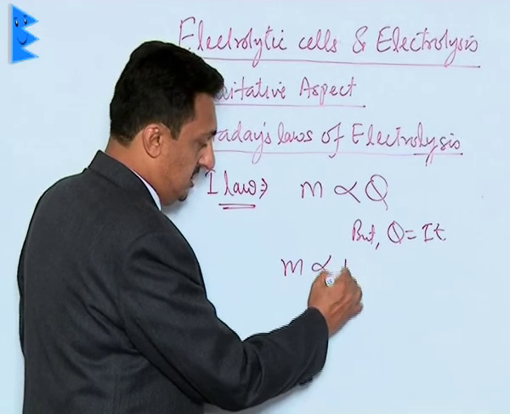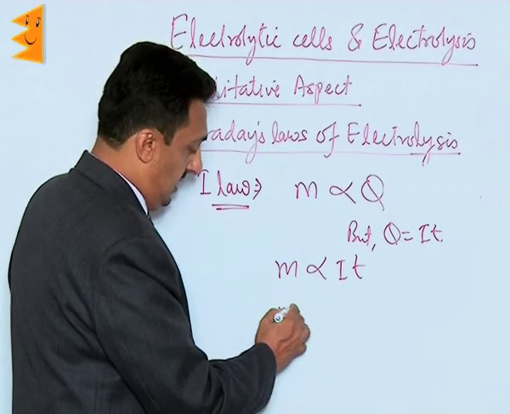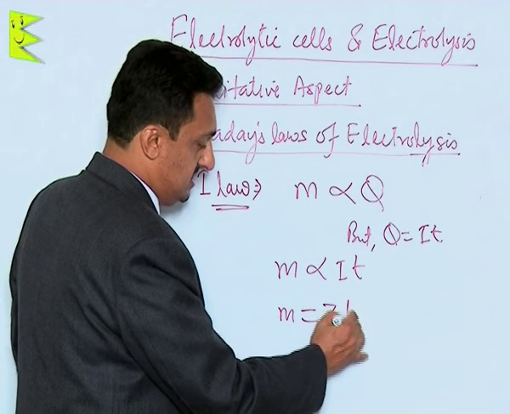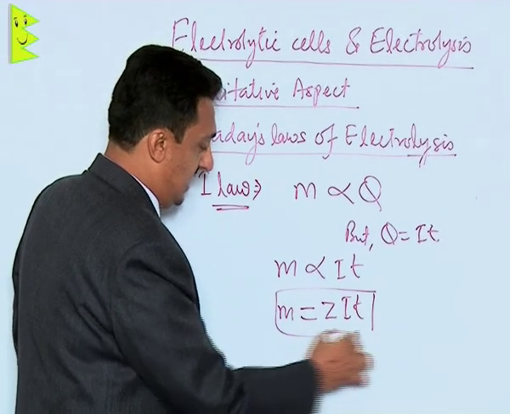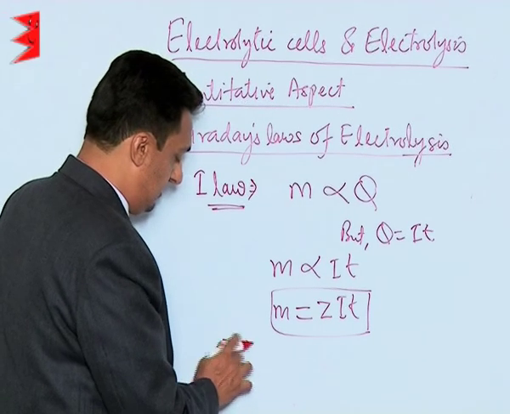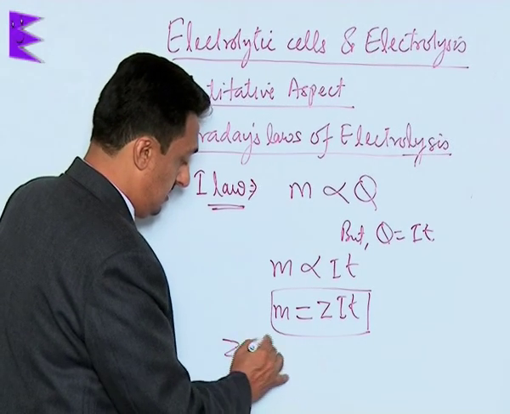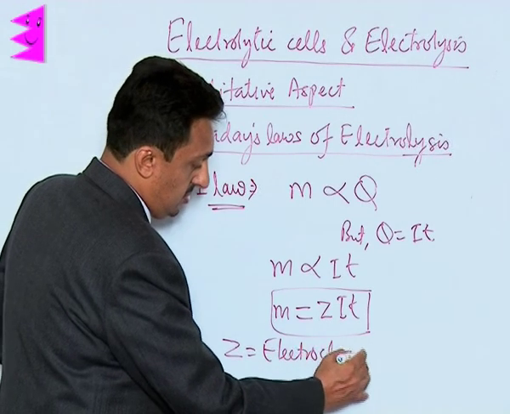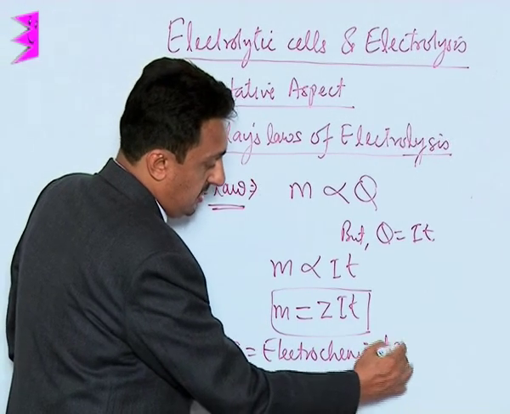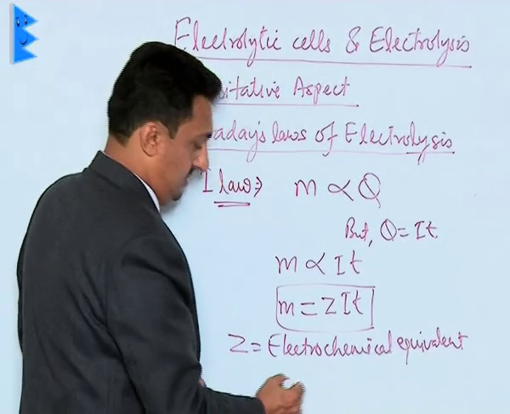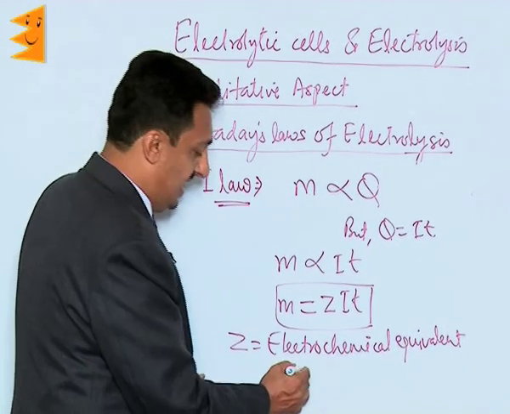M proportional to I T, and this proportionality is replaced by a constant called Z, and this Z is called the electrochemical equivalent of a substance.